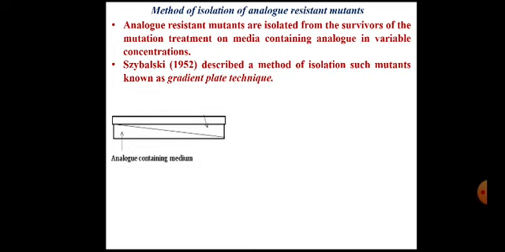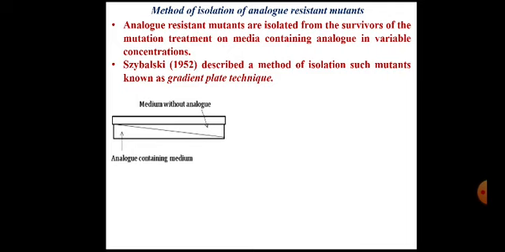After solidification this plate is further overlaid with medium without analog. So this will lead to formation of a gradient. Gradient means varying concentrations from left to right.